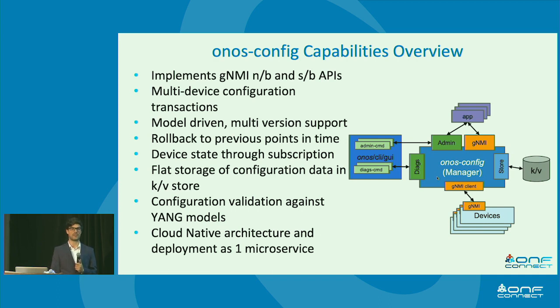Meaning that if you have a device that supports OpenConfig and you come up with a request to set a value on an interface that does not exist, or you make a wrong request, onos-config, before even touching the device, but just looking at the Yang model of that device, is going to tell you, no, you cannot do that.